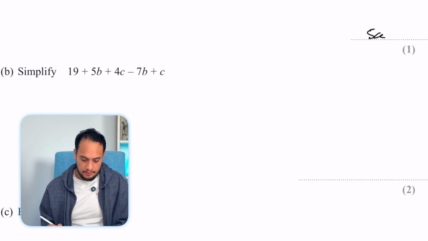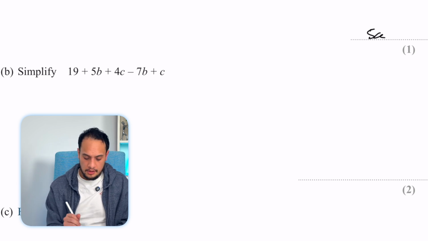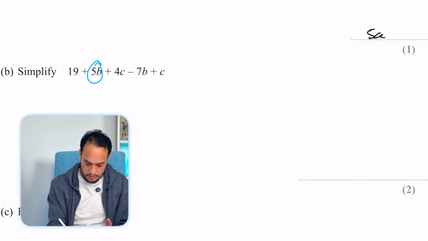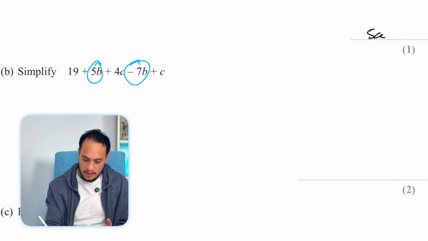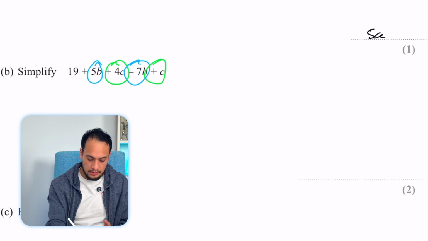Simplify 19 plus 5b plus 4c, take away 7b plus c. I make sure that I bring together my like terms. So I've got these two b's that I can group together. I'm going to minus 7. And I've got c's as well. So I've just got to be careful with this. So 19 is fine, I'll just leave that as is.